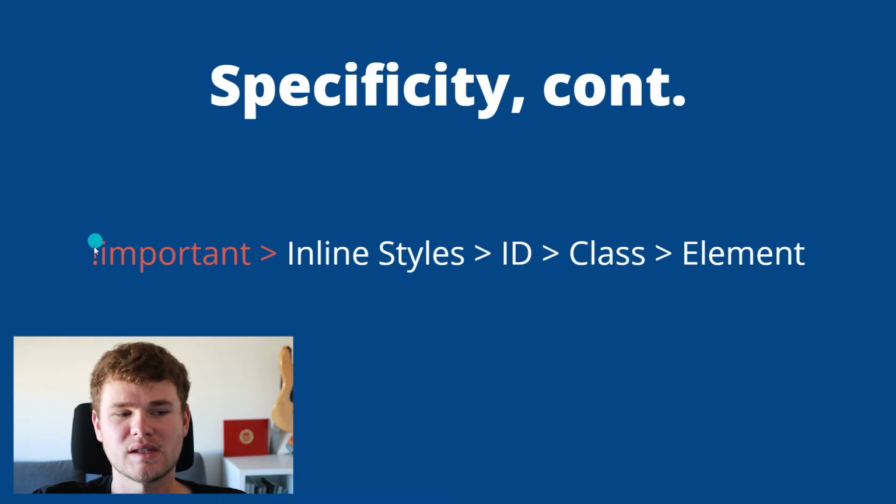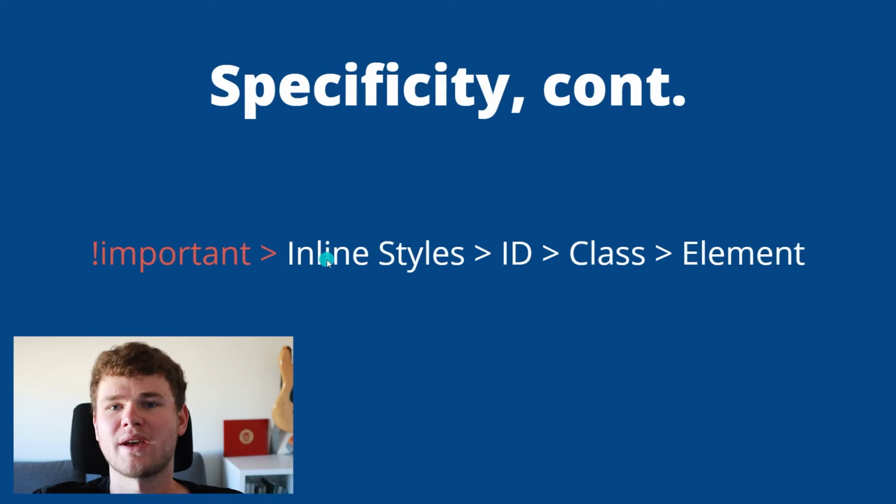Whenever you use exclamation mark important, all of these styles get thrown out the window. Inline styles, doesn't matter how many ID selectors, class selectors, element selectors, all of that gets thrown out the window, and the style that will win out in the end, or is the most specific, is the important rule.